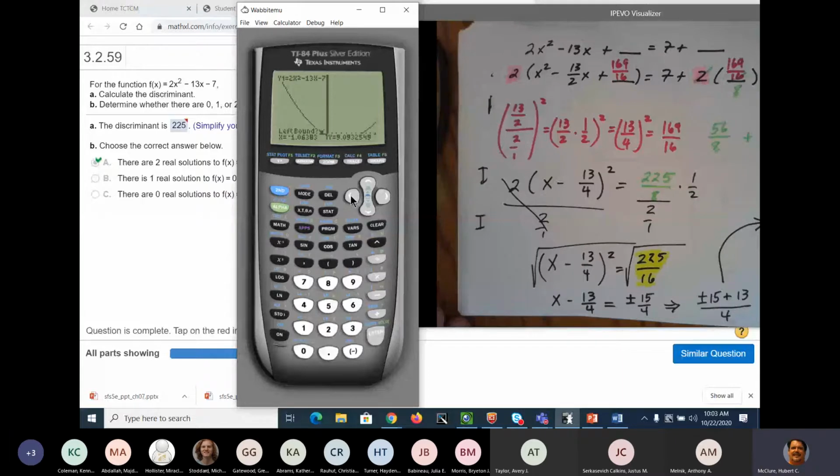There's the left. There's the right. Look at that, negative 1/2 and 0. So let's check the other one.